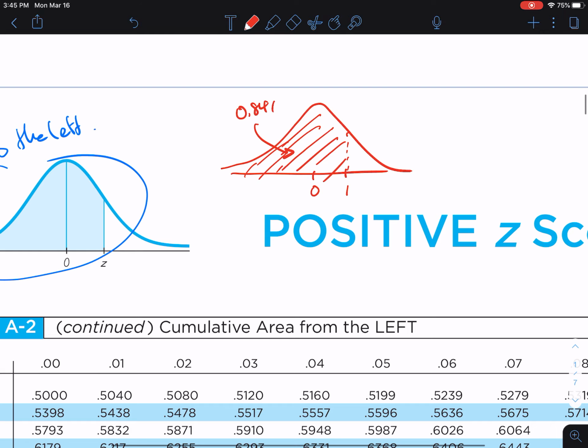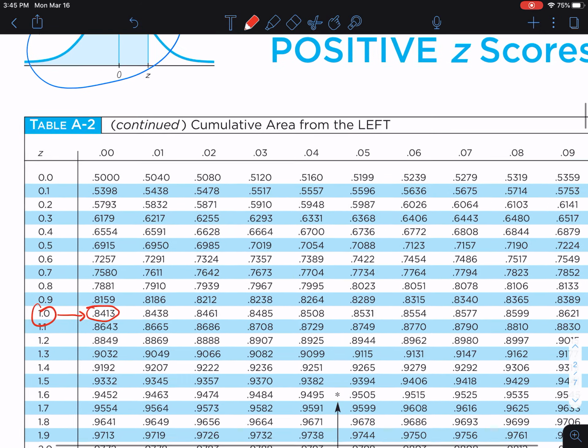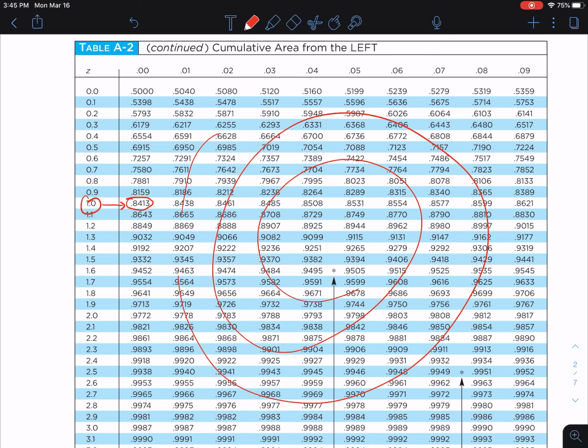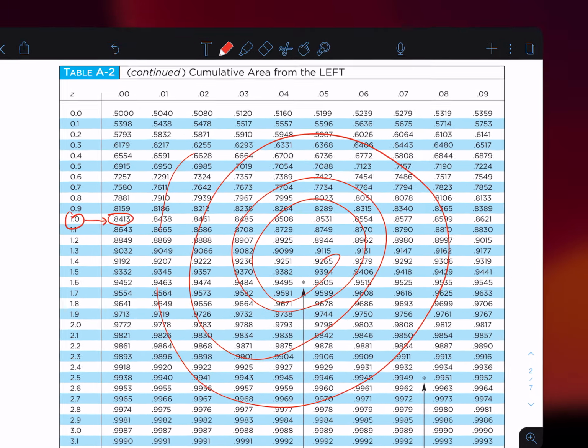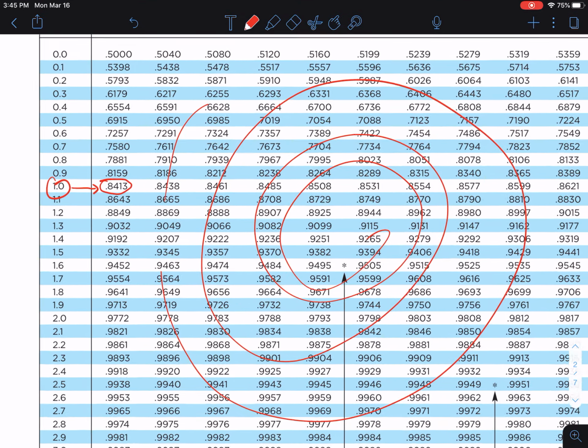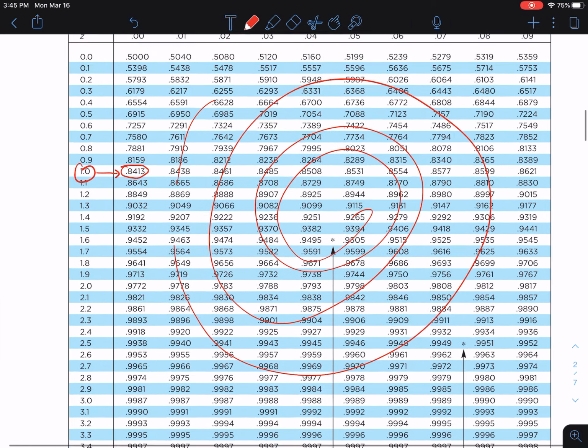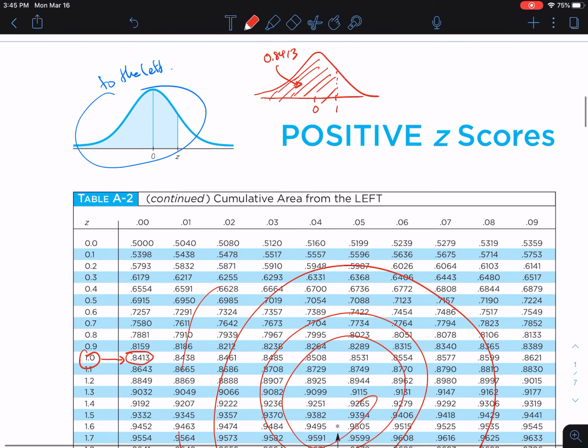All of these numbers in the middle here are all the areas that people have already found for us using the integration technique in calculus. All we have to do is extract these values and put them down as the answer to certain questions. So this is one method to find the probability of a continuous random variable in chapter 6.